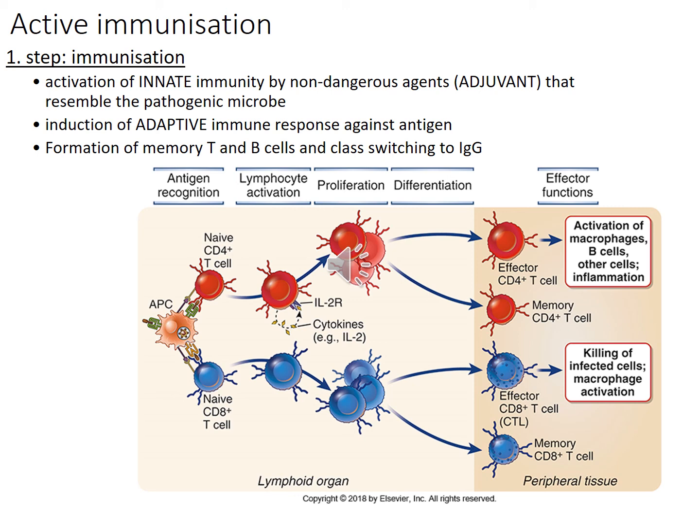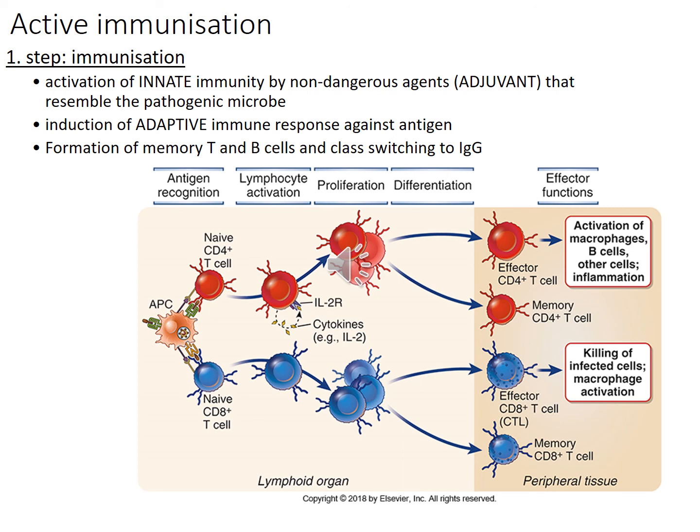So if we go through the picture here step by step, the first step is the recognition of the antigen, priming naive CD4 T cells and naive CD8 T cells. The CD4 T cells will produce cytokines which will help both the CD8 T cells and the CD4 T cells themselves to proliferate.